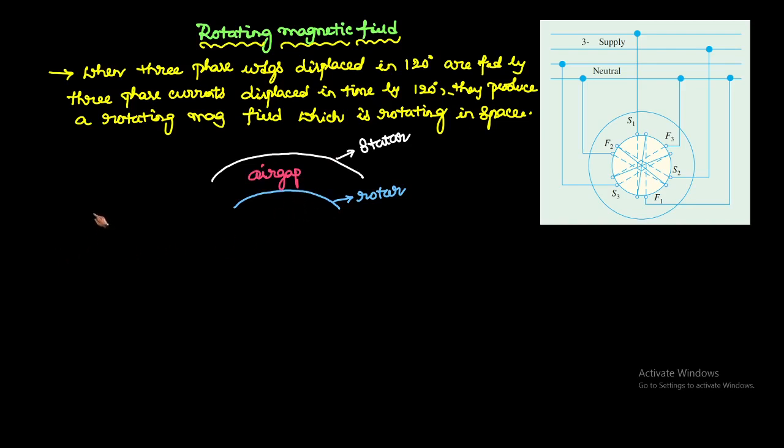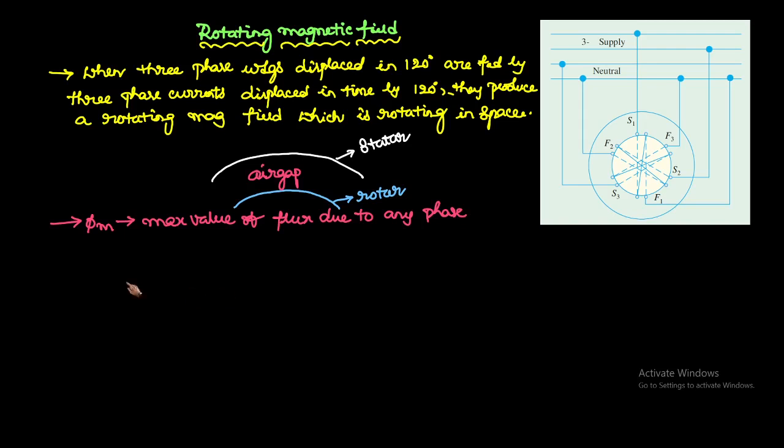So let us imagine some values here. Let us consider phi max as the maximum value of flux due to any phase.